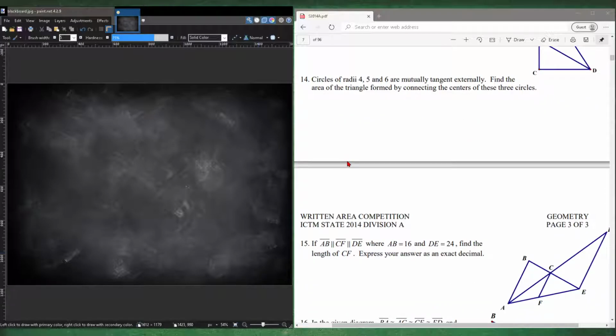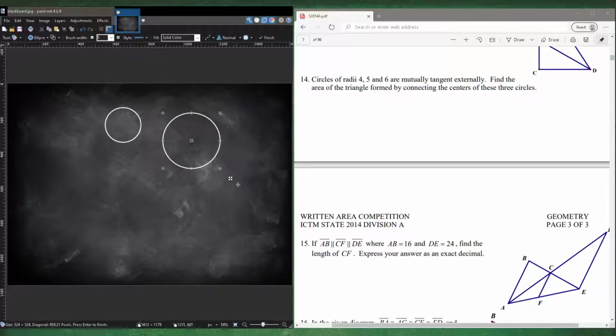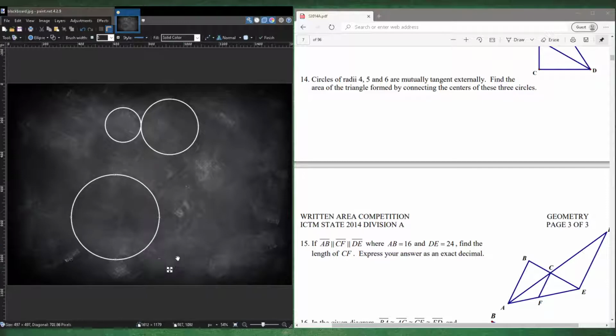Number 14. Circles of radius 4, 5, and 6 are mutually tangent externally. Find the area of the triangle formed by connecting the centers of these three circles. Okay, so circle 1, circle 2, and let's say this is our last circle, circle 3.